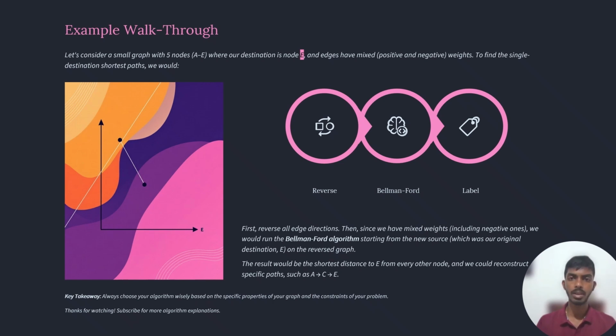For example, one path might be A to C, C to E, with the total cost being X. That can be a final distance or path. The key lesson here is to match the algorithm to your graph, because a wrong choice equals wrong or slow answers. That's it for today.